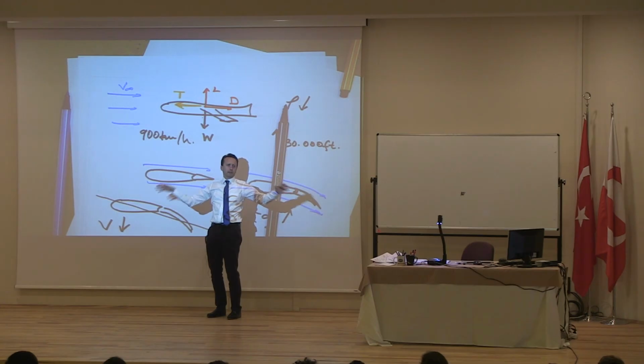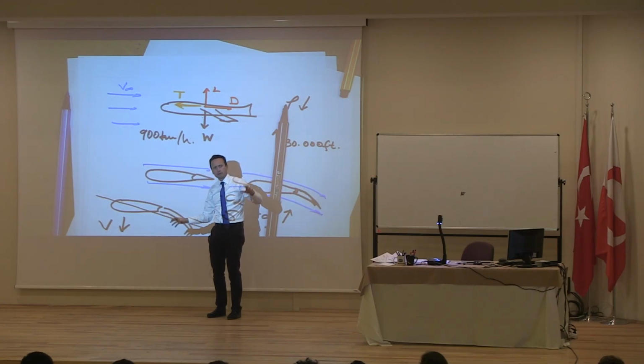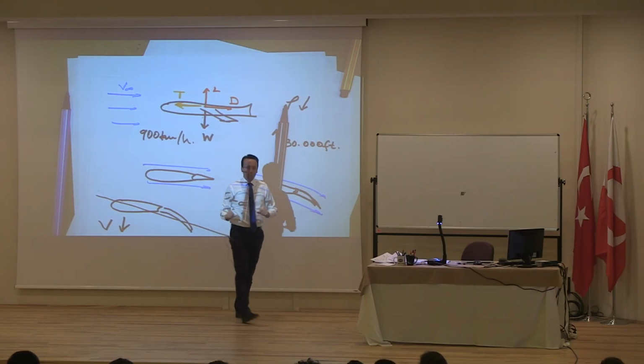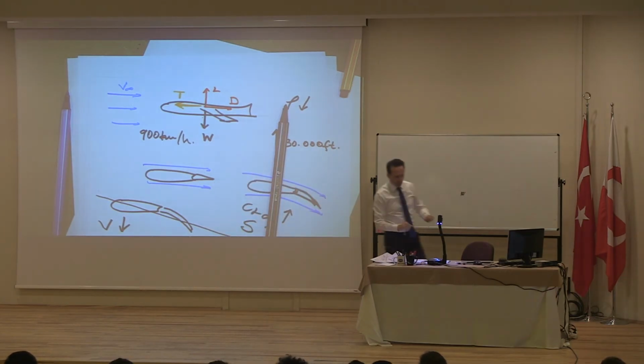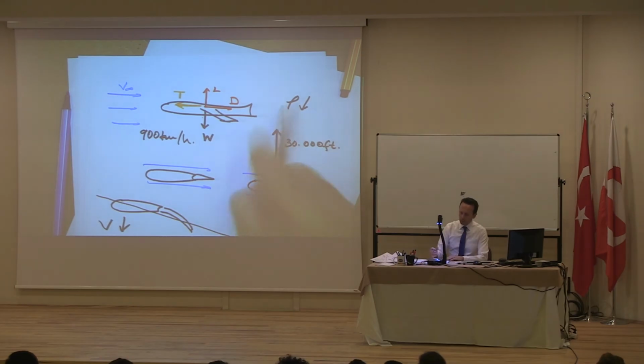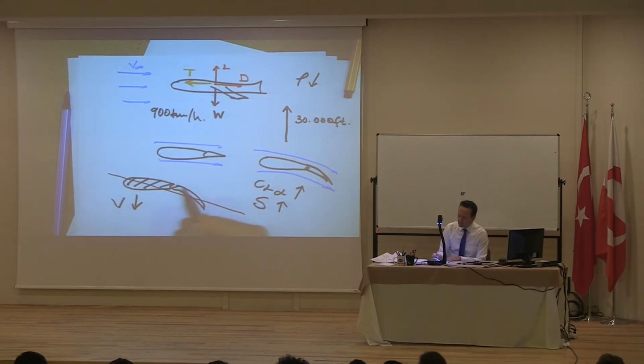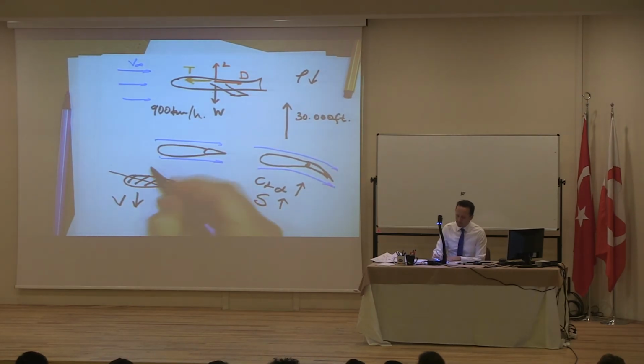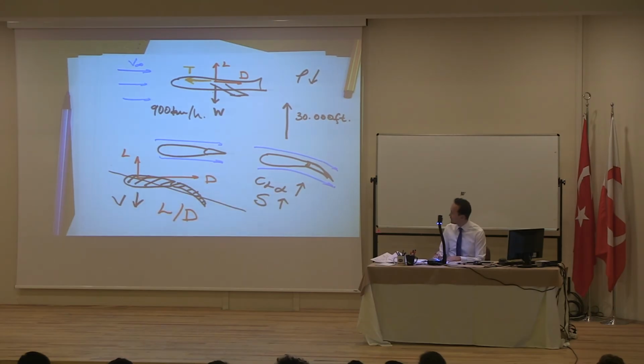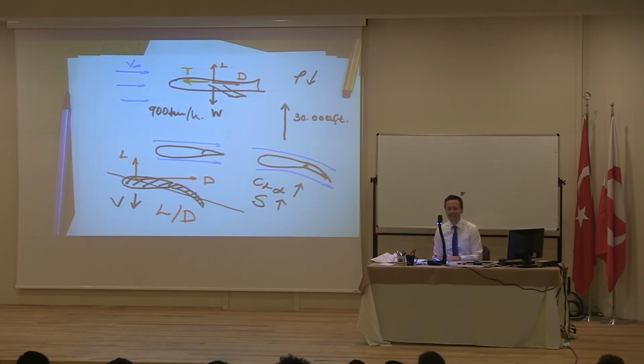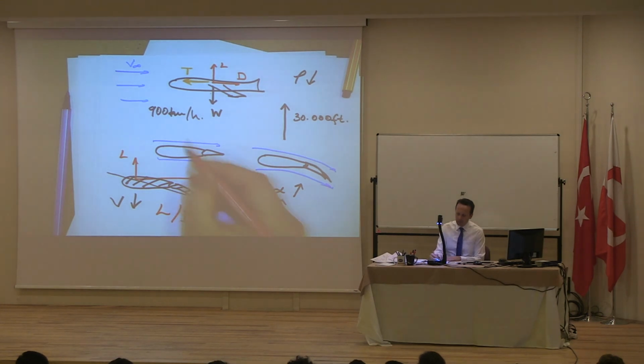Lots of angle of attack, lots of lift, this shape. But unfortunately, once you do this to your wing, yes, the lift will go up, but so will the drag. So the lift to drag for something like this is pretty bad. It's a lot better when you do this.